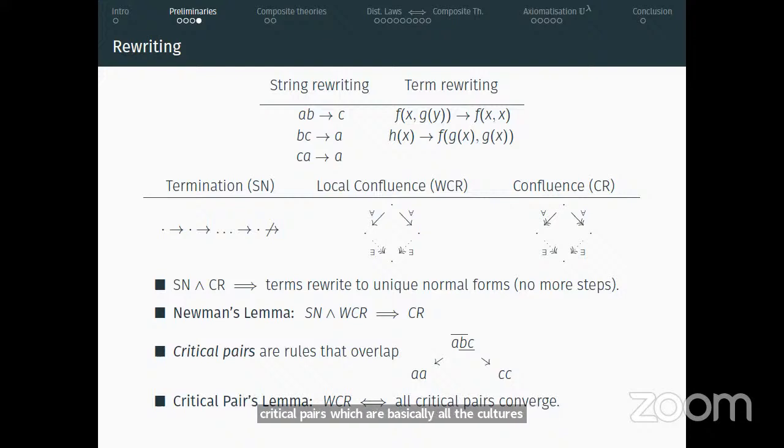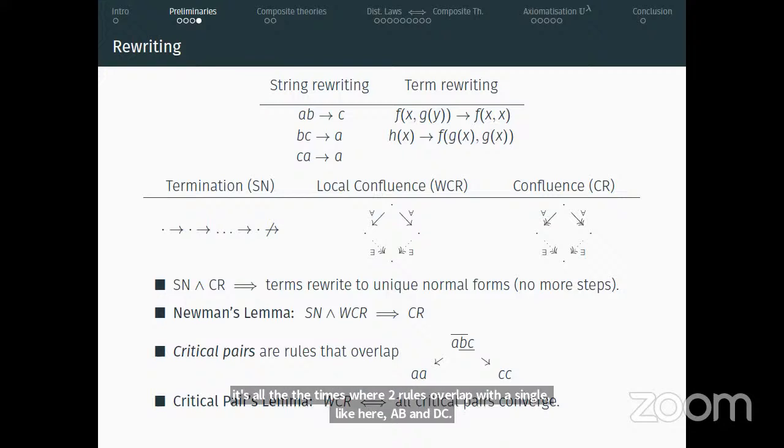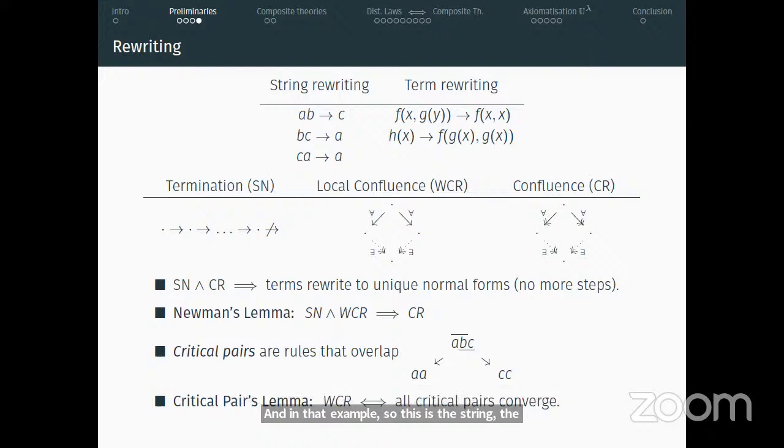These are all the times where two rules overlap on a symbol, like here, AB and BC. In this example, a string rewriting system, it is not confluent because this critical pair doesn't converge. You cannot join them at the bottom. So these are some preliminaries on rewriting.